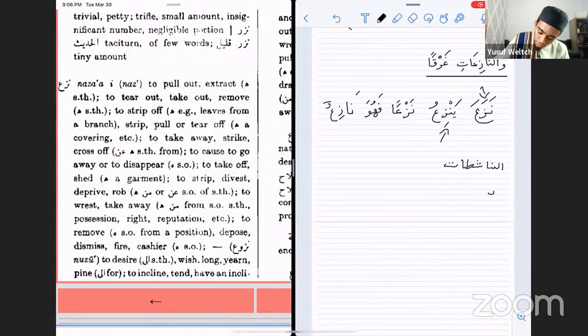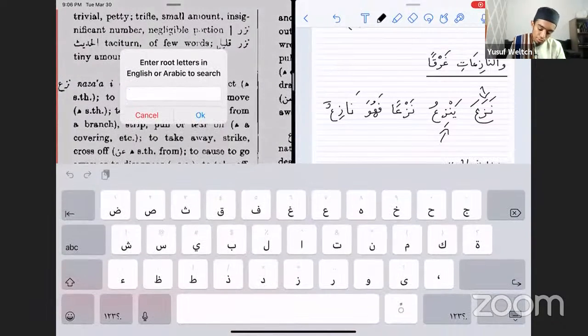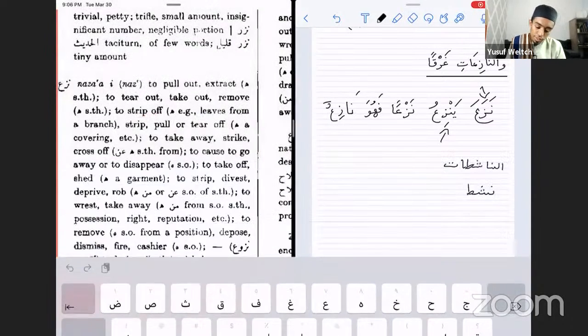So let's write that. Now we need to discover what information we need in order to be able to use this word as a verb.